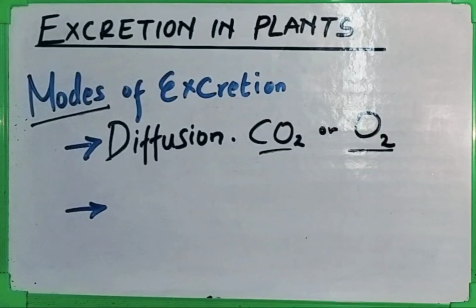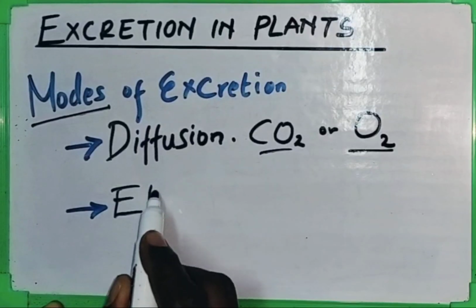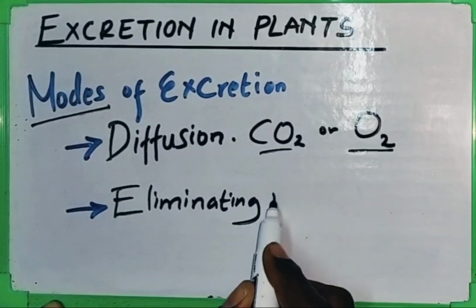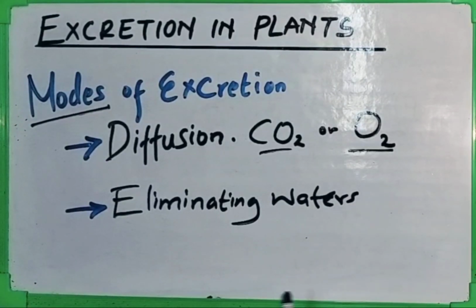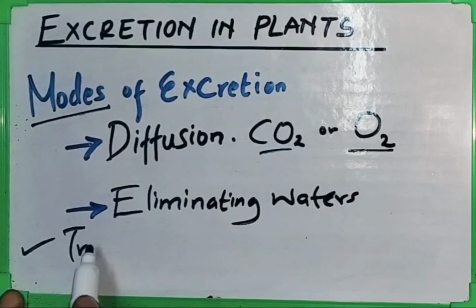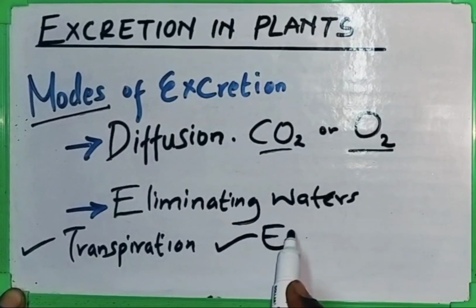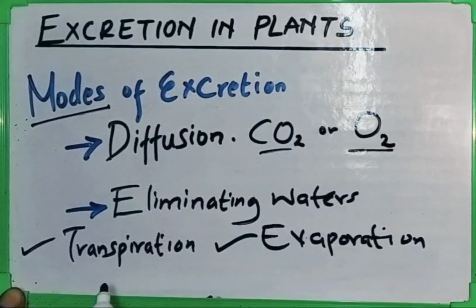What about when you are eliminating water? Let us see. When you are eliminating water in plants, you shall have several other modes. Talk of transpiration, evaporation, and one that is very interesting called guttation.